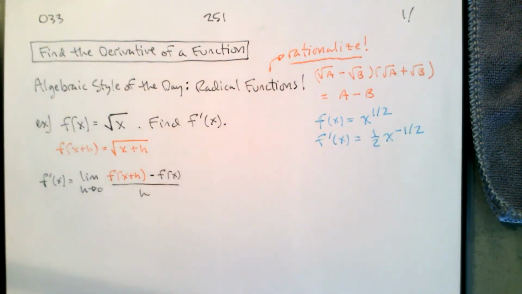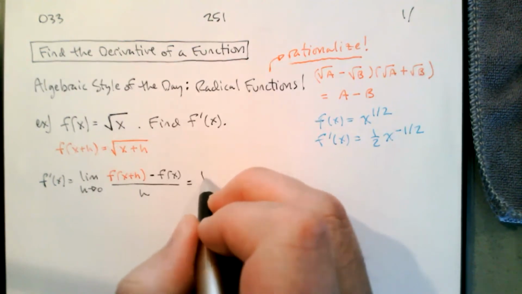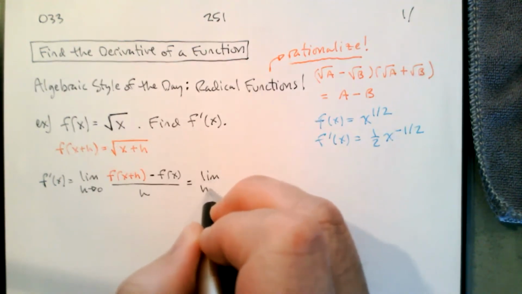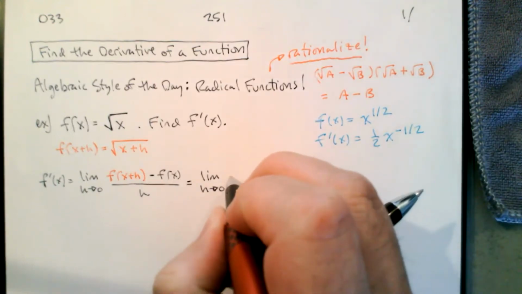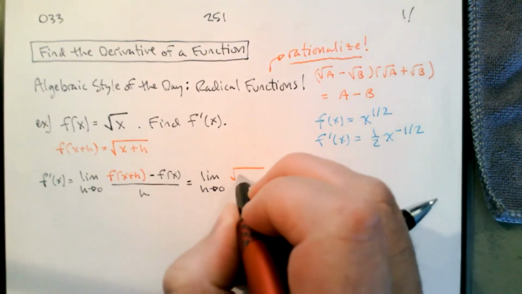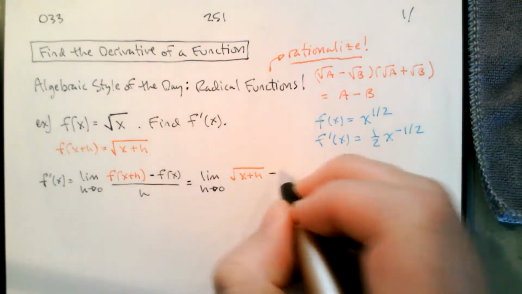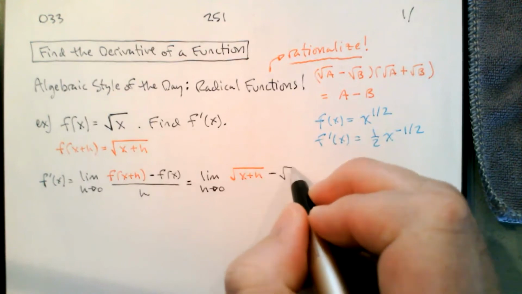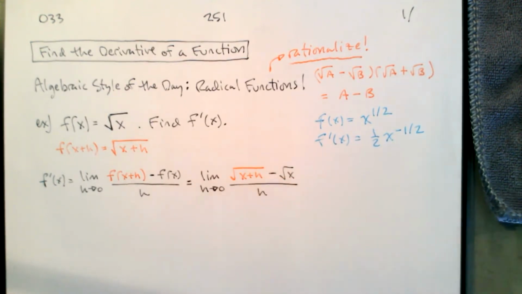That's just the definition of the derivative. I need to plug in the function that I'm working with, which is the square root of x. So this is going to be the limit as h goes to 0 of the square root of x plus h minus f of x, which is just the square root of x, all over h.